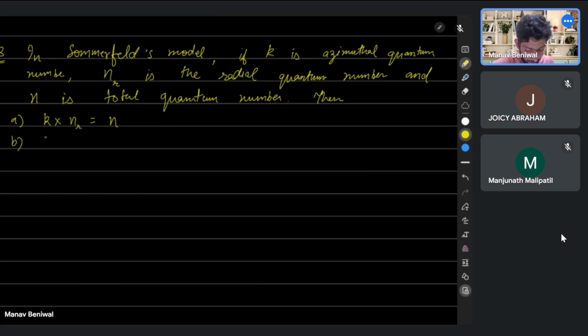Option B: k divided by nr is equal to n. Option C: k plus nr is equal to n. Or option D: k minus nr is equal to n. Okay, which is the correct answer?